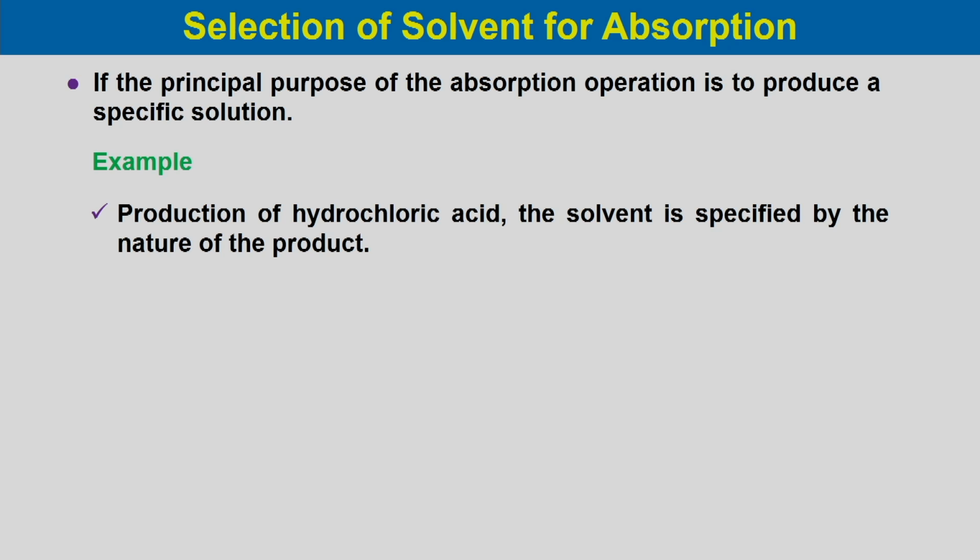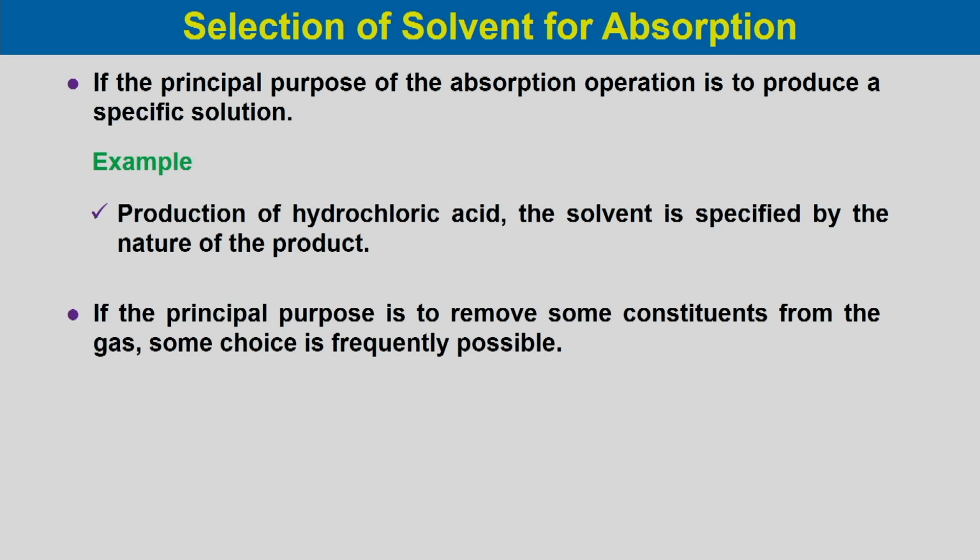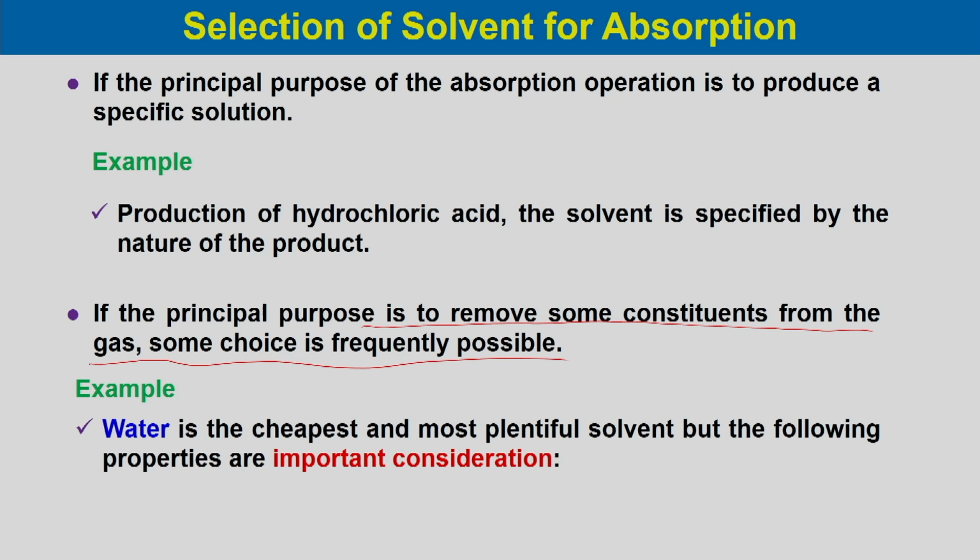But if our principal purpose is not the production of a specific solution, but to remove or separate some constituent from the gas mixture, then the choice is frequently possible. Like water is the cheapest and most plentiful solvent, but the following properties are important considerations.